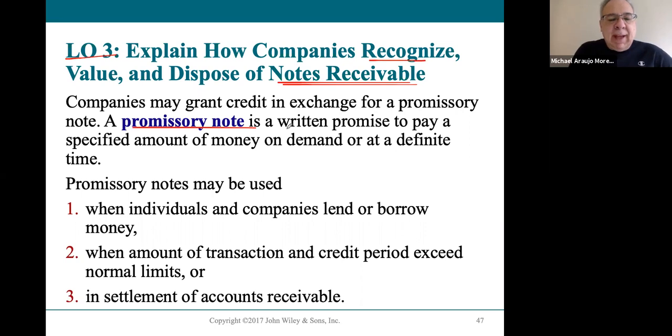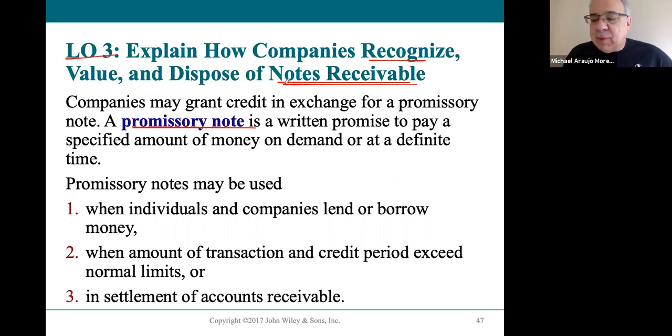In general, how notes receivable are created in business, normally speaking, is when an accounts receivable, which you've given the company 30 days to pay, needs to be extended. They need more time to pay.